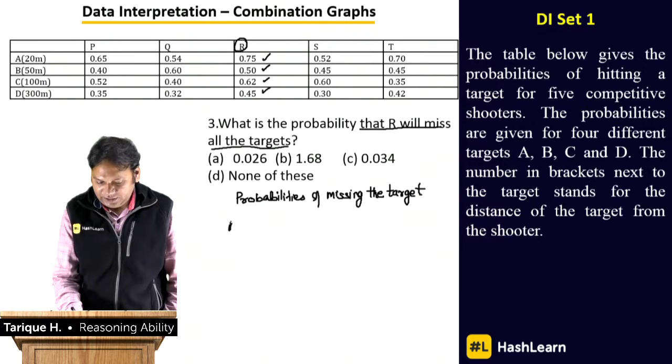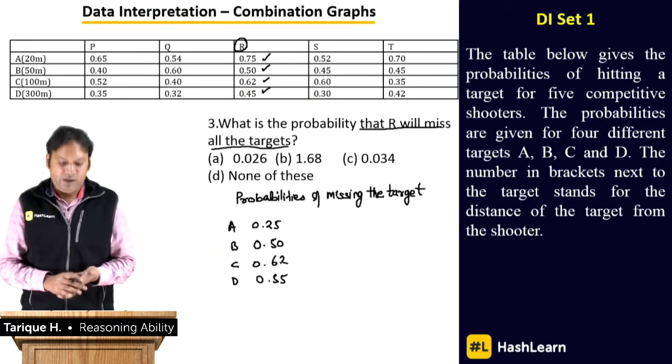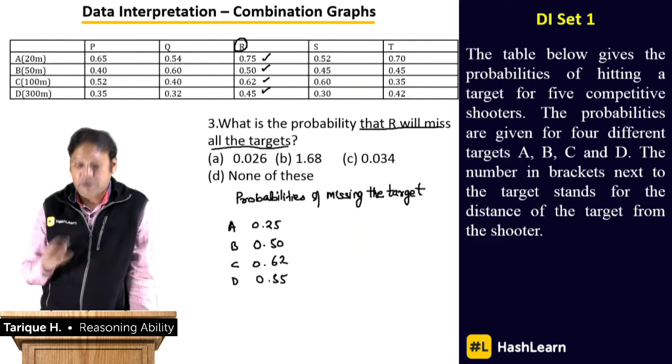So for target A it is 0.25, for target B it is 0.50, for target C it is 0.62, and for target D it is 0.55. These are the required probabilities for R missing the targets A, B, C, D respectively.